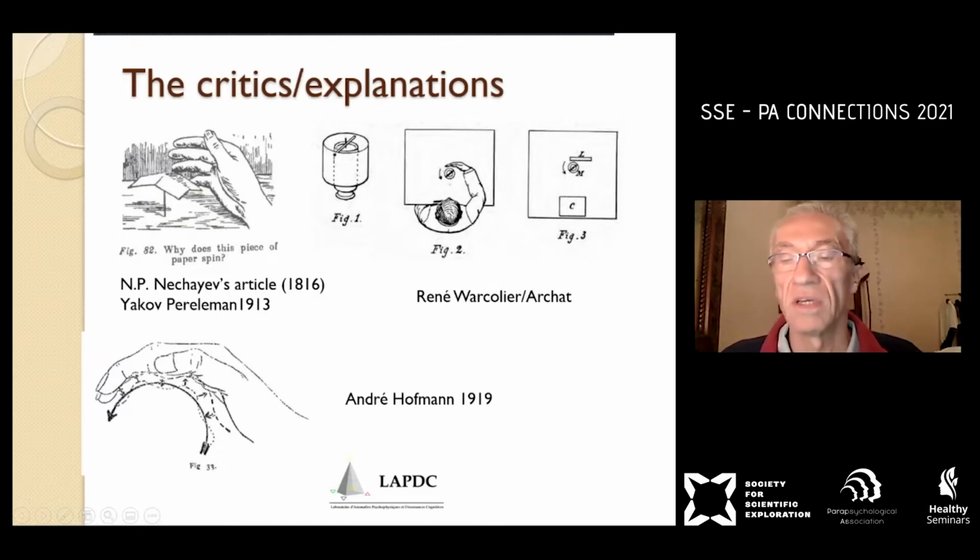The explanation of Varcollier was that the body heat creates a vertical current, and this vertical air current drives a horizontal current along the table. And when you put your hand here, you make a disequilibrium of this horizontal air current, and so it runs the target. And the last one, Hoffman, thinks that it was in fact the blood pulse in the hand, mainly at the wrist, where you see the vein.